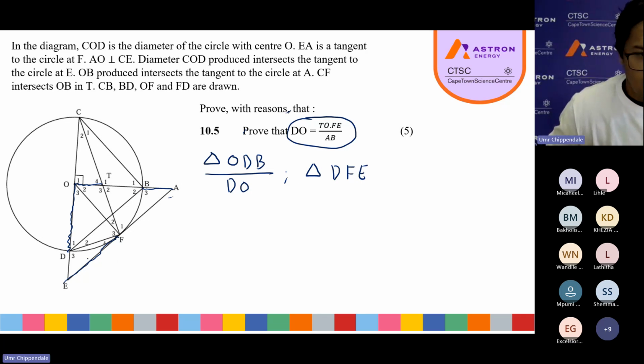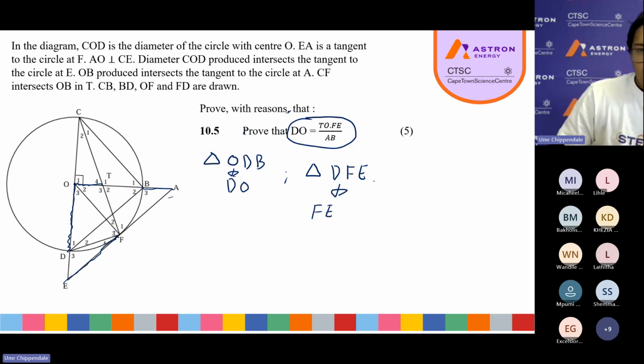Let's not put a divide, otherwise you might think I'm dividing all of these by each other. So within there, this is what we find. Within this, we find our F and E. And within this particular one, in triangle TFO, what will we find? T and O. And that's how we're going to try and speak about our TO, our FE, and our AB.